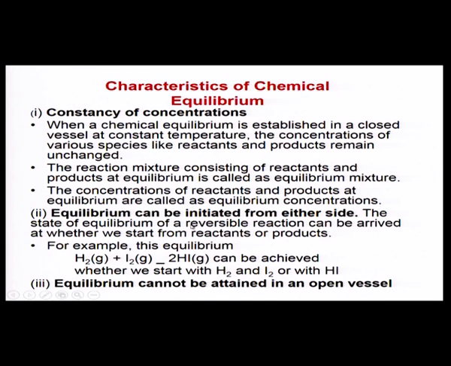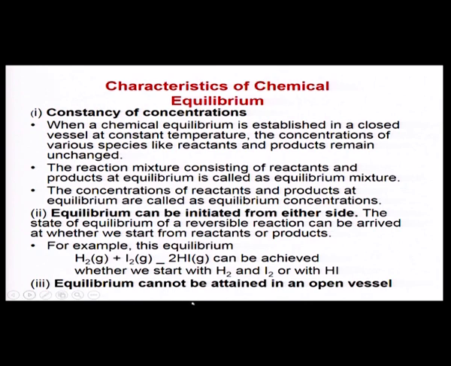And equilibrium can be initiated from either side, that is the forward side or backward side, and the state of equilibrium of a reversible reaction can be arrived at whether we start from reactants or products. For example, consider the reaction of hydrogen gas reacting with iodine to form hydrogen iodide, which can be achieved whether we start with hydrogen and iodine or with HI, hydrogen iodide.